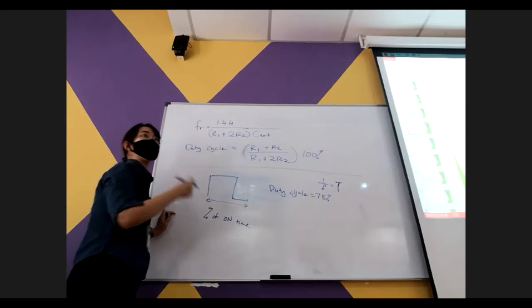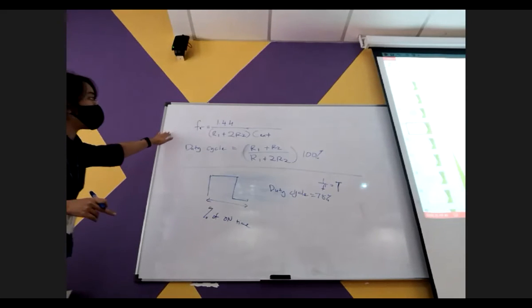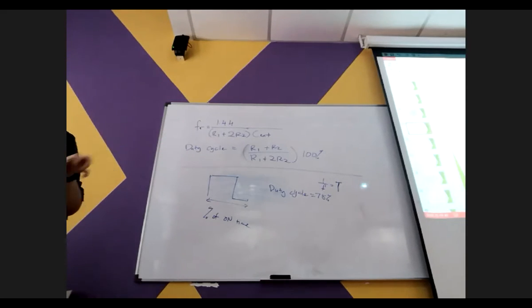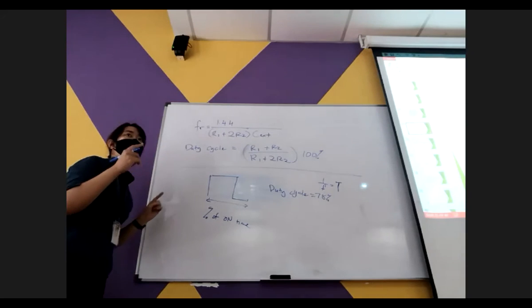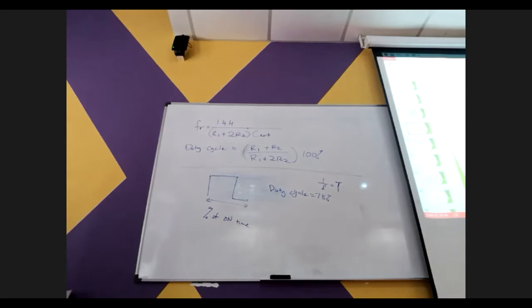That's what is meant by duty cycle. So knowing these two pieces of data, how would I calculate how much time was mark and how much time was space? Using just these two pieces of information, what should I do?